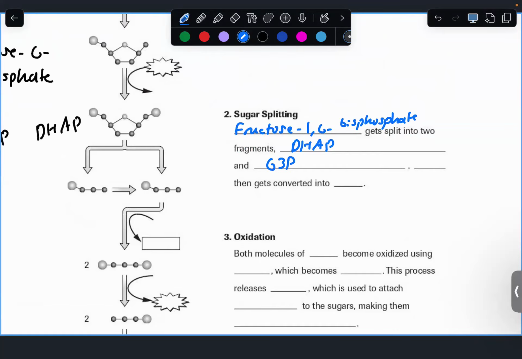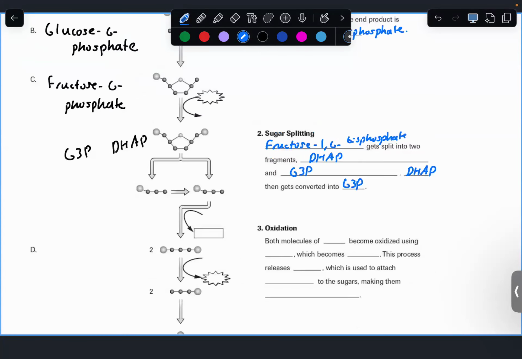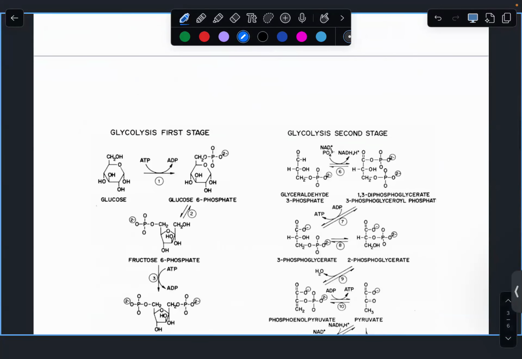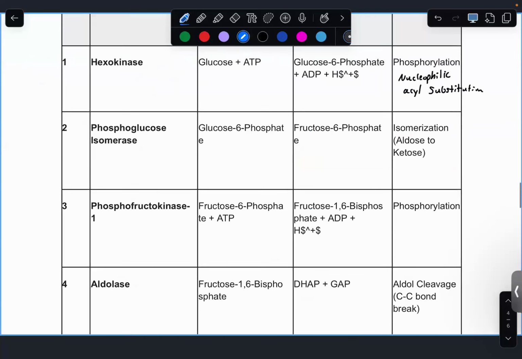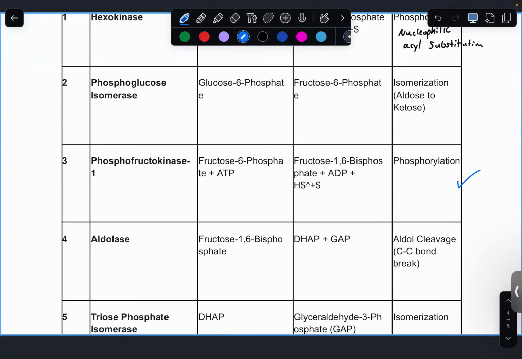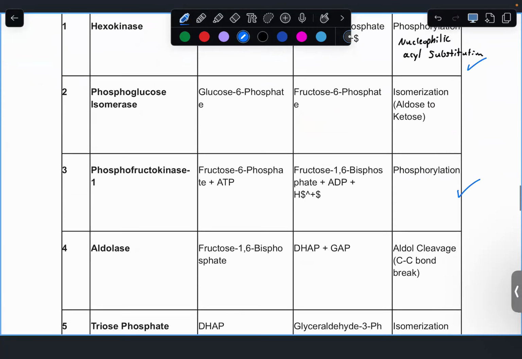And this is important. It's the acetone that gets converted into the glyceraldehyde. And that one right there, let's see, that's the third step. Did this one, and did this one.